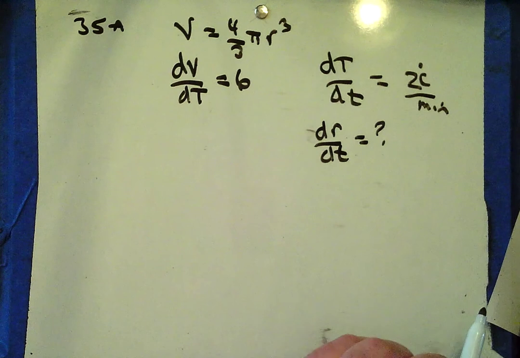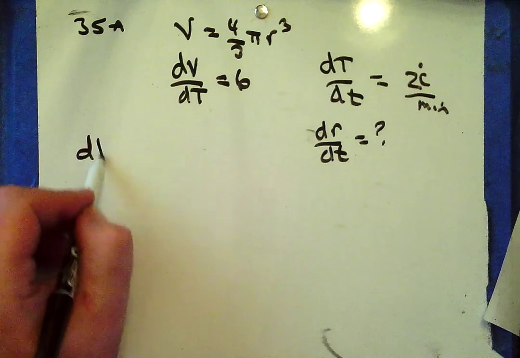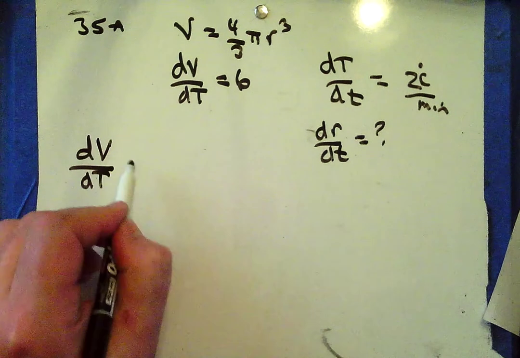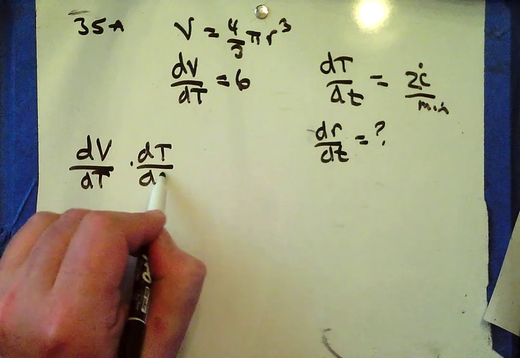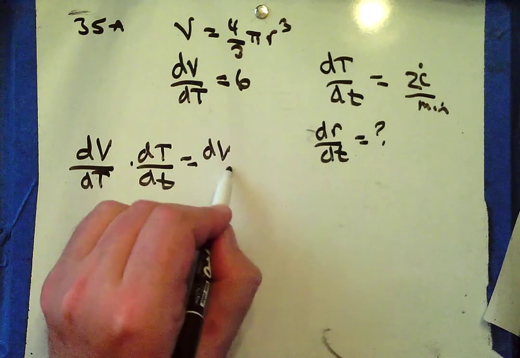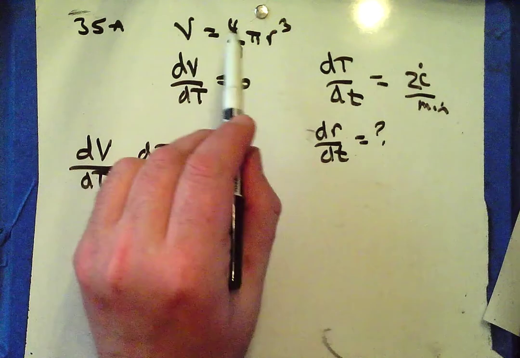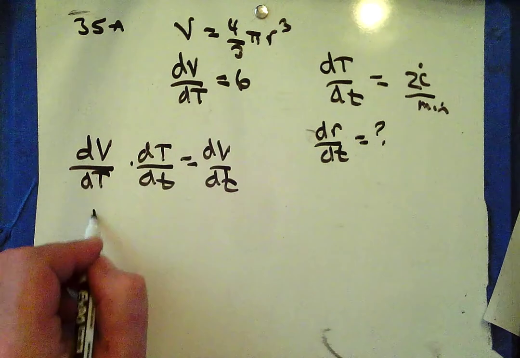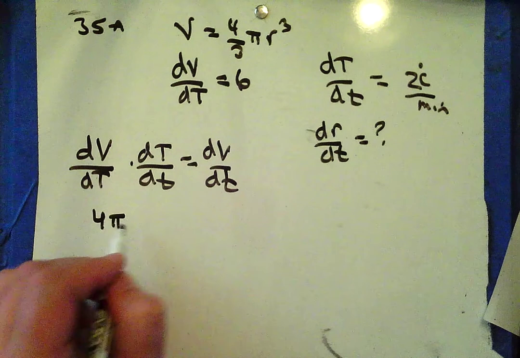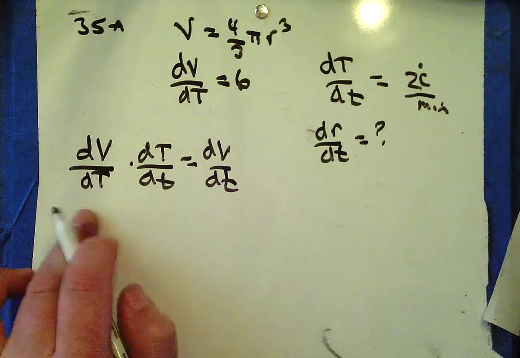Okay. Well, I know that dV/dt times dt/dt will be dV/dt. So if I do the derivative of this, 4 pi, no, let's try that again.